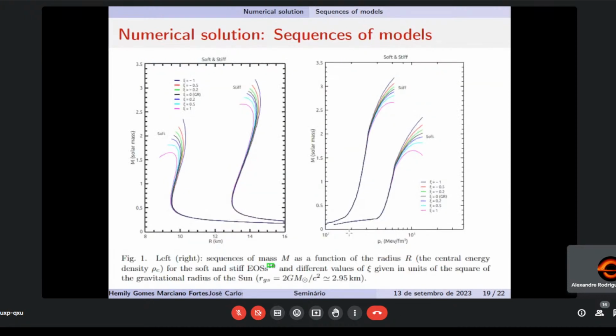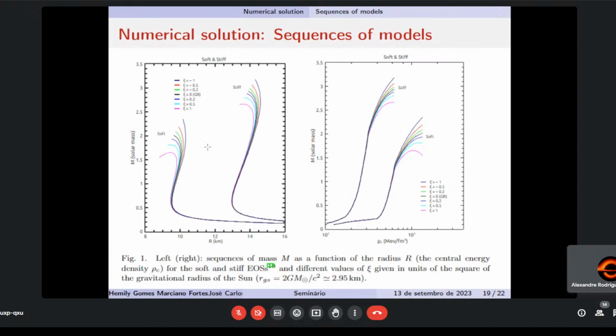Next slide, we have the result using realistic equations of state, and there are a lot of them. We use the ones named soft and stiff. There are two kinds of realistic equation of state. There are more. We have used three different types of realistic ones.